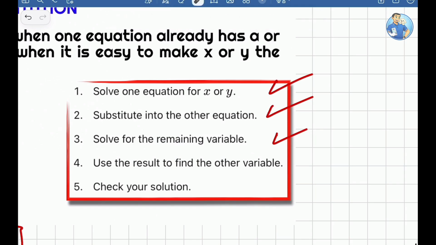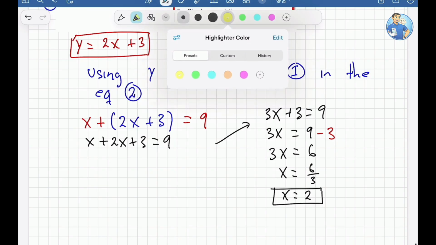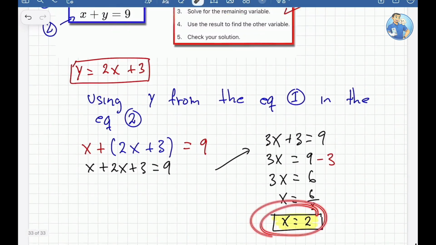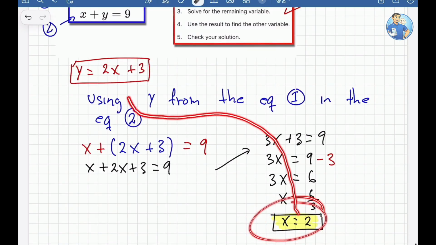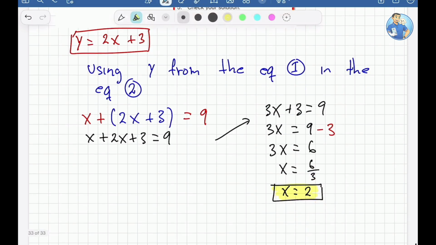Then we have, now we use the result to find the other variable. If we have x equals 2, this is our x. Let me show you. So we can use this x, this solution, to find the missing variable, in this case y. So this x, we can use it here to find y. Please pay attention here. This is like a substitution again.